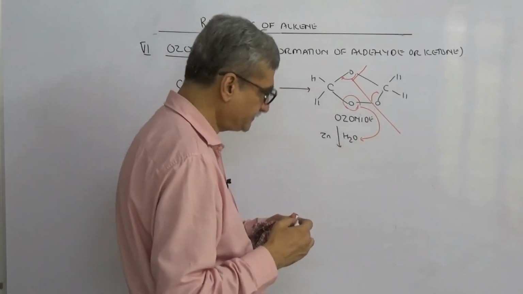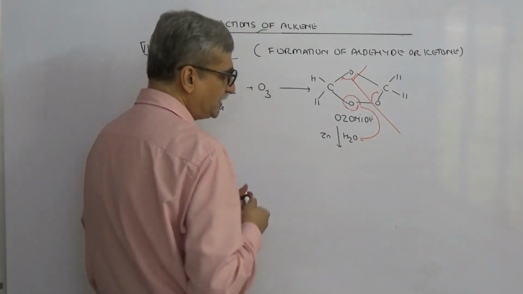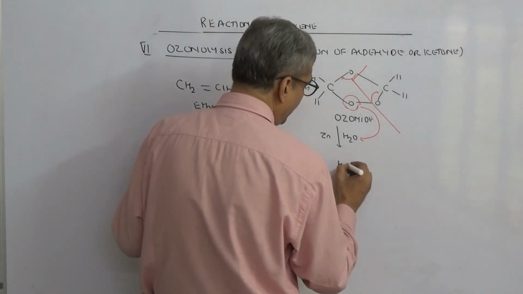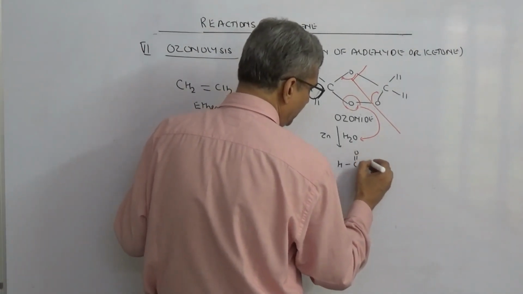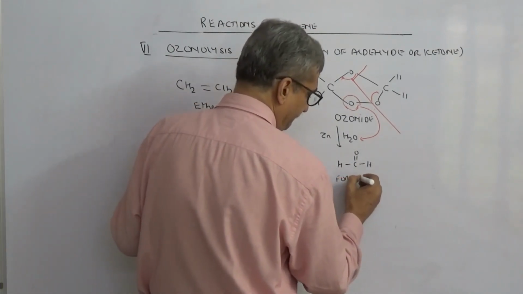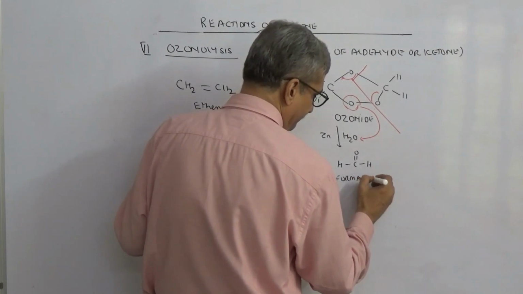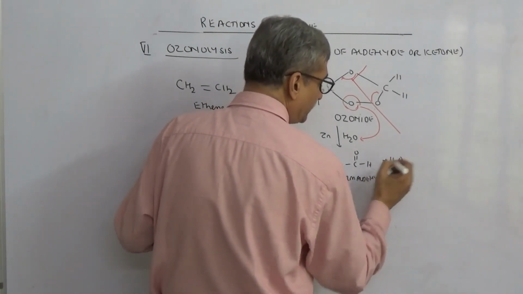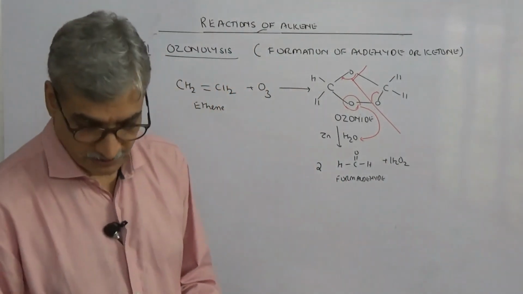So you'll get peroxide. Therefore you get 2 moles of HC=OH, that is formaldehyde, plus H2O2.